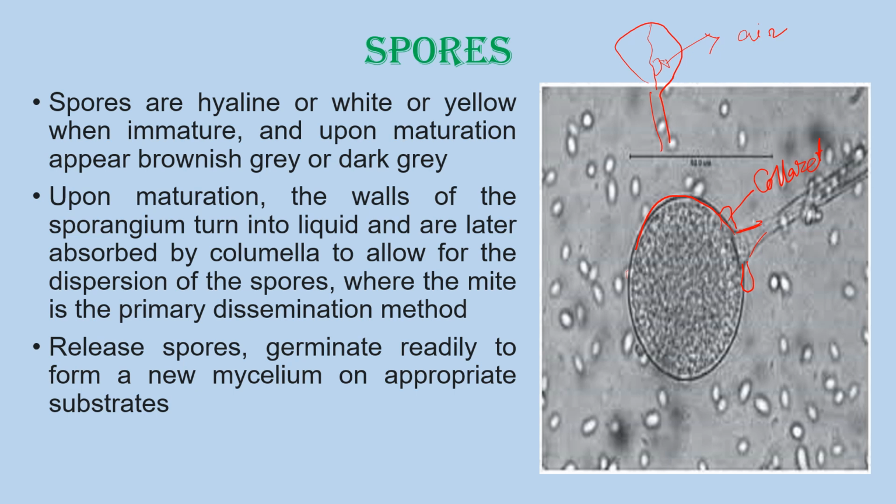But in the case of Mucor, the sporangial wall dissolves and remains attached as a collarette, and the spores are usually not dispersed by wind current, but by mites. A certain portion is also dispersed by wind, but mostly they are dispersed by mites.